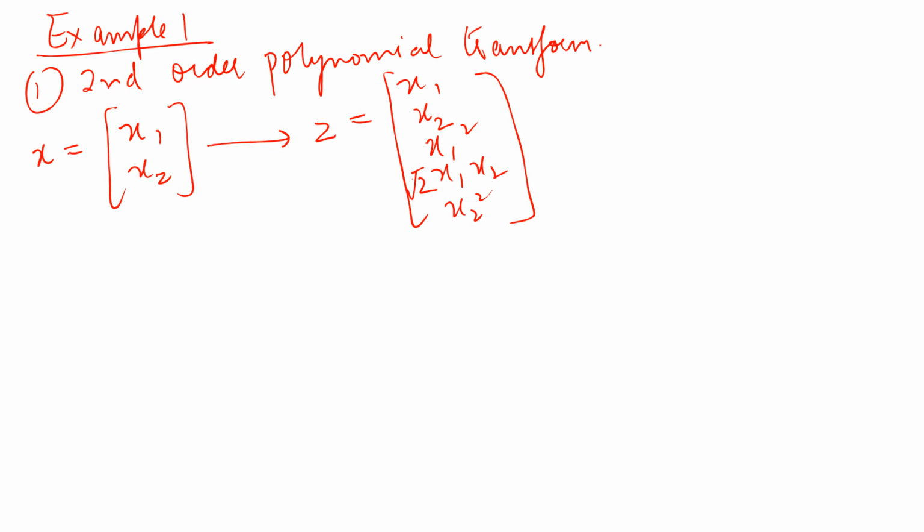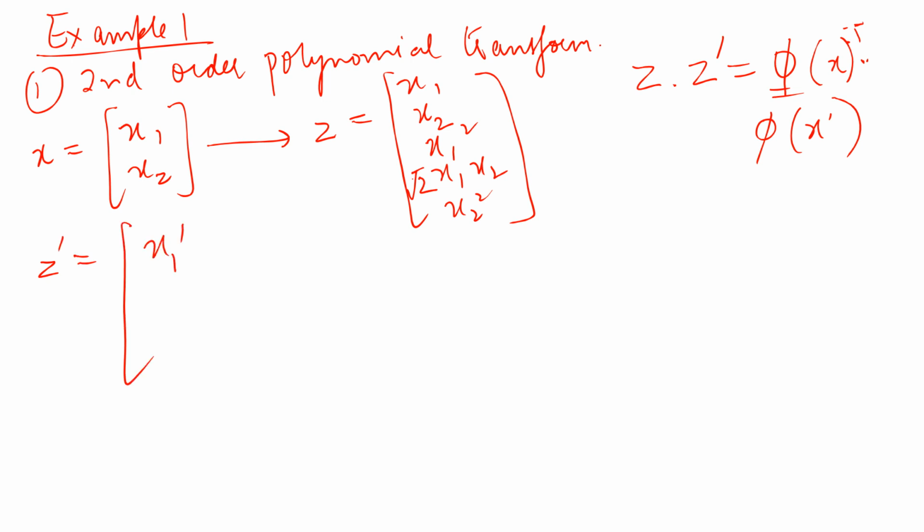Now, if we want to run the optimal hyperplane algorithm in Z space, then we should be computing my z dot some z prime. And of course, that means that whatever transformation I've applied, I mean the phi of x transpose dot phi of x prime. That's what we need. All right, so let's look at what this is going to look like. And I'm assuming that my z prime is similar to what we got here.